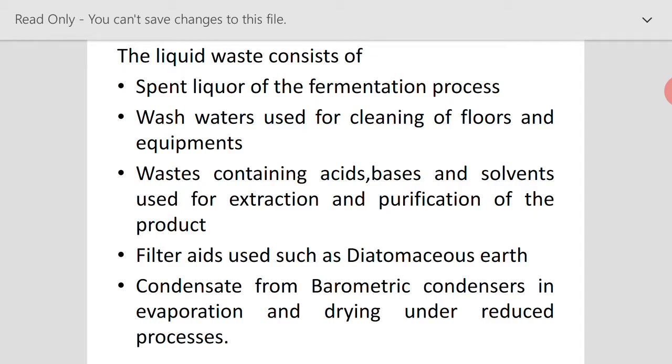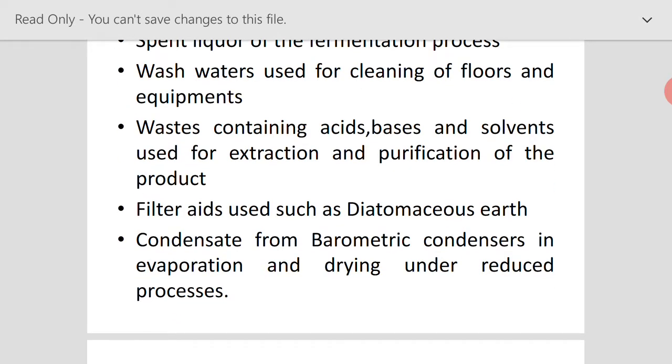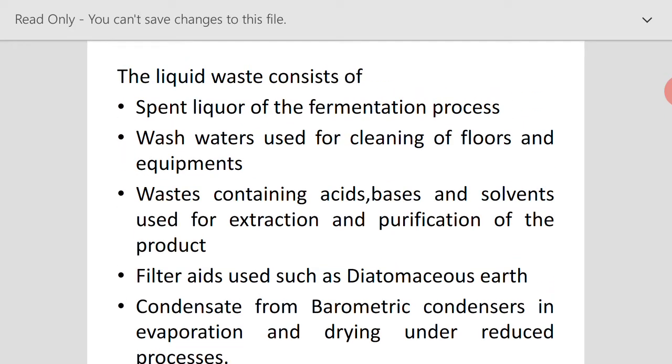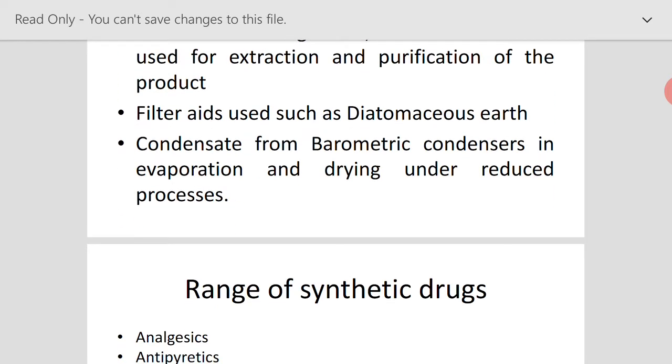Filter aids such as diatomaceous earth also contribute to this waste. Apart from this, the condensates from the barometric condensers in evaporation and drying under reduced pressure also contribute to this liquid waste. So these are the various sources of liquid waste from the pharmaceutical industry.